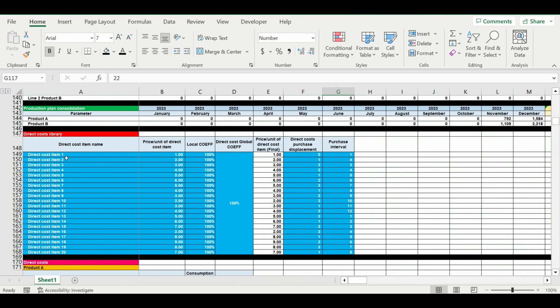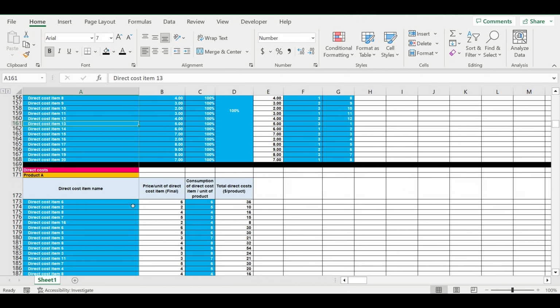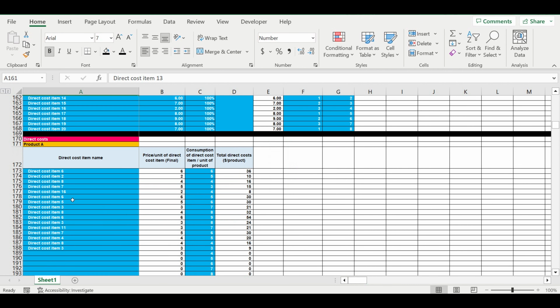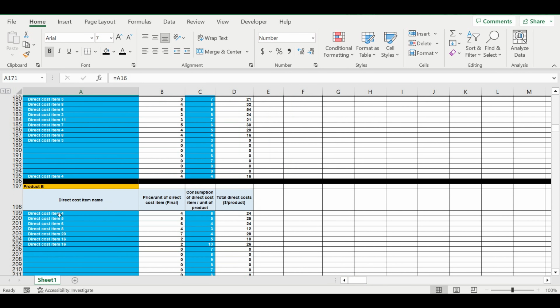Then we started modeling the library for raw materials which participate in the manufacturing process, and what raw materials participate in the product A and product B manufacturing processes.